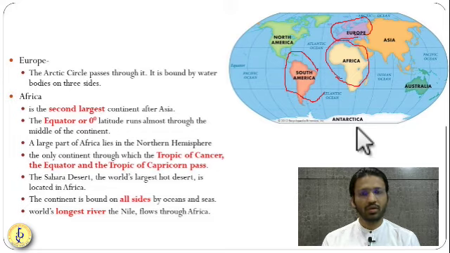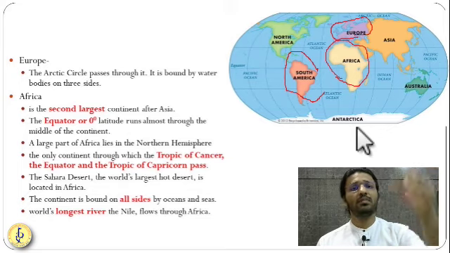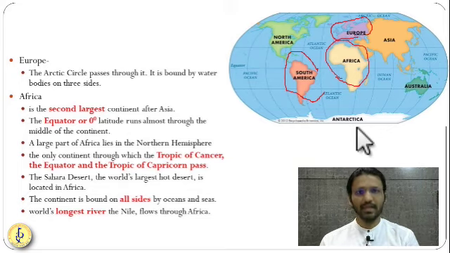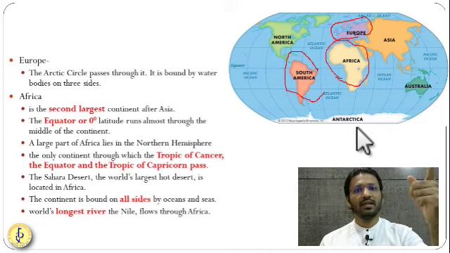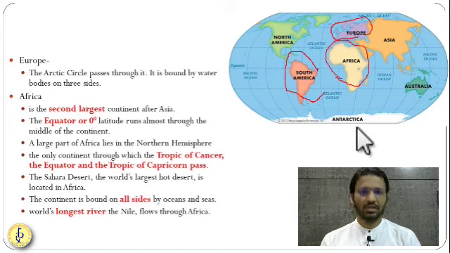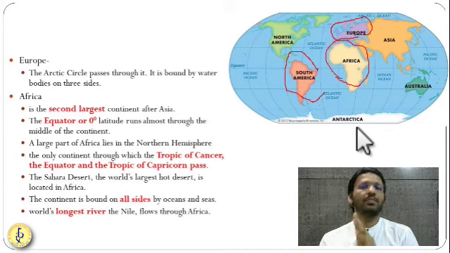So 0 degrees latitude, 23.5 north and south, all are passing through Africa. So it is present in both hemispheres, the northern as well as the southern. A huge part of it is present in the northern hemisphere.